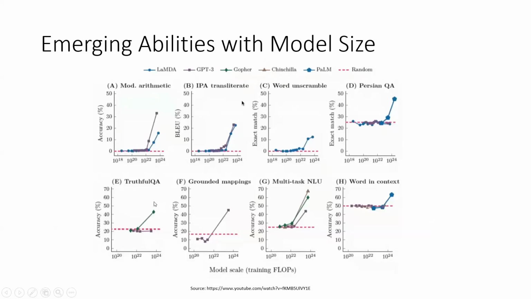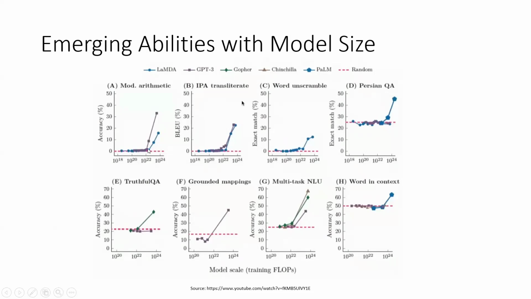And they were finding, when the model scale, the number of FLOPs, the unit used for measuring the model size, right, is increased from 10 to the power 18, 10 to the power 20, 22, and 24, and so on, how the accuracy or the BLEU score, all of them benchmarks to measure the performance of the model, changes.